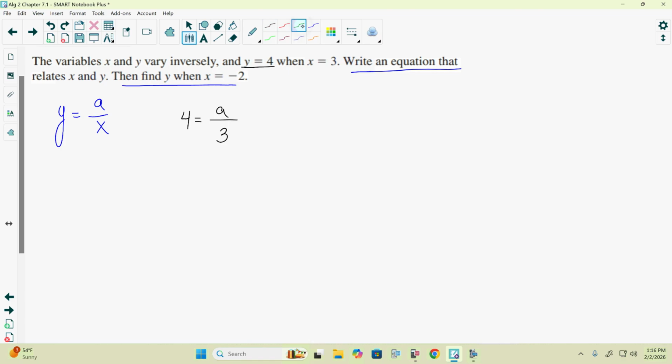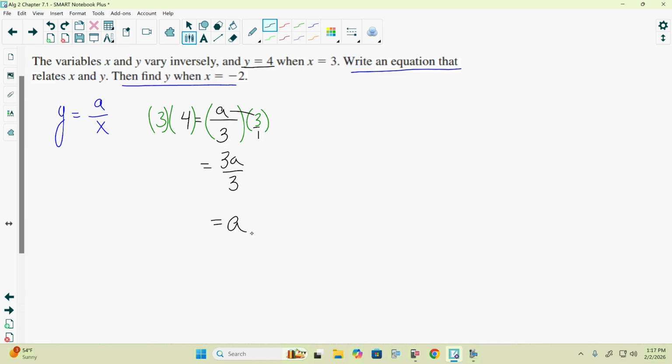So the first thing we can do is multiply both sides by 3. Now on the right-hand side, this is really 3 over 1, so our 3 and a would multiply, giving us 3a. On bottom, we'd have our 3 times 1, which is 3, telling us that we have 3a divided by 3. Well, 3 divided by 3 is 1, so 3a over 3 is just a.